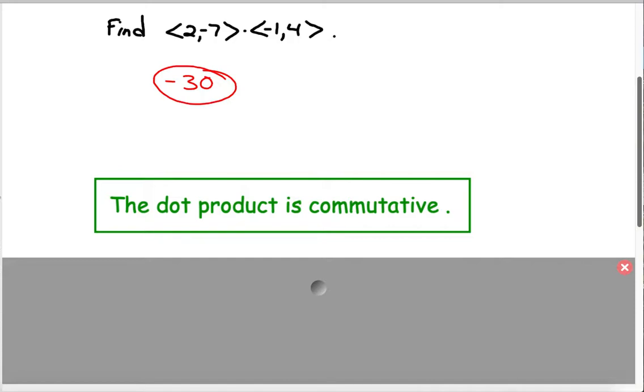And that makes sense because the calculations we have to do to get the dot product are what? Addition and multiplication. And those two operations under the real number system are commutative, so it would make sense that the dot product is also going to be commutative.